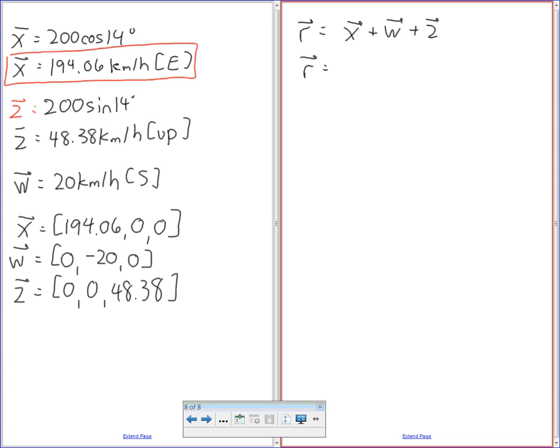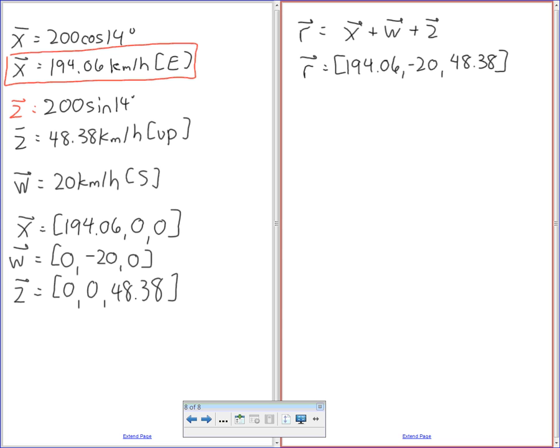It's just the 194.6, minus 20, so 48.3. Yeah, but not the plus though, okay? It's because you've got to think of components, right? This way you don't have to put directions or anything like that. Right, so you see what I did there, right? It's a comma, comma, comma.